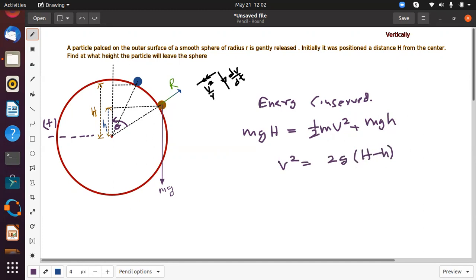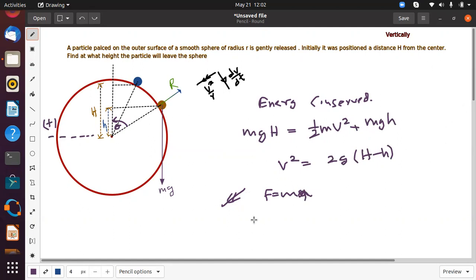Now the next equation would be F equals ma towards the center. Because at this general point, it is still moving on a circular path.